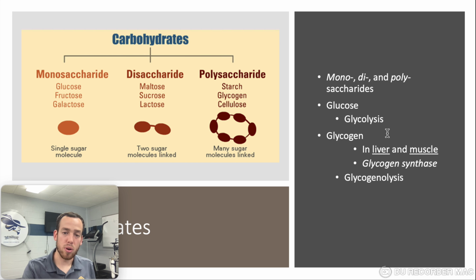Glycogen, if we take it from storage form and we want to break it down into glucose so that we can use the glucose, that's called glycogenolysis. Again, you got that lysis for breakdown. And what are we breaking down? Glycogen. So we break down these big chains into smaller chains that we can then break down to create ATP, the energy currency of your body.